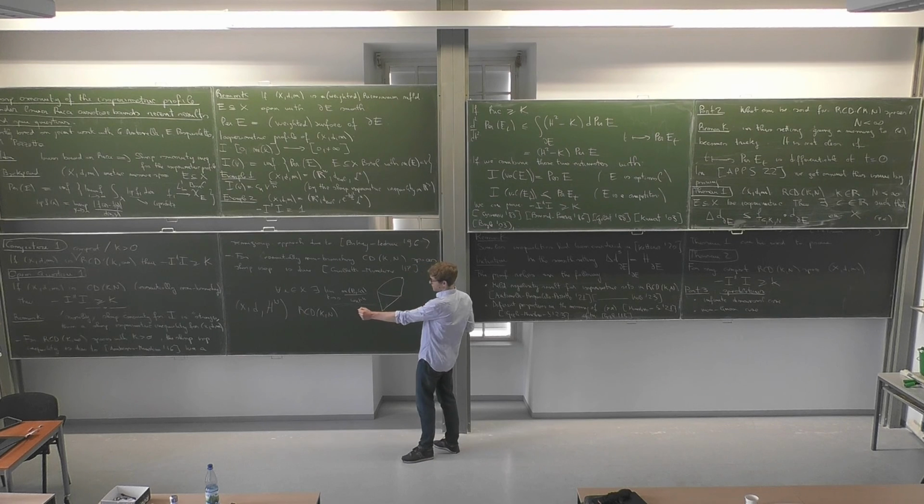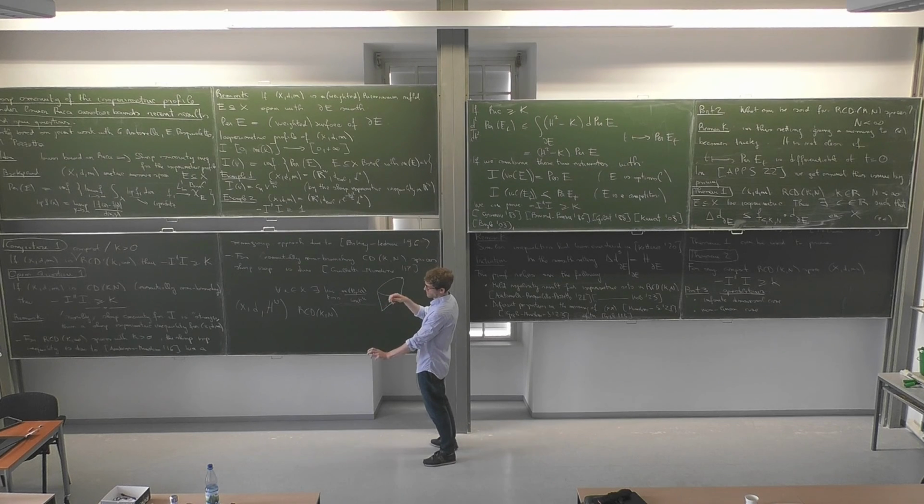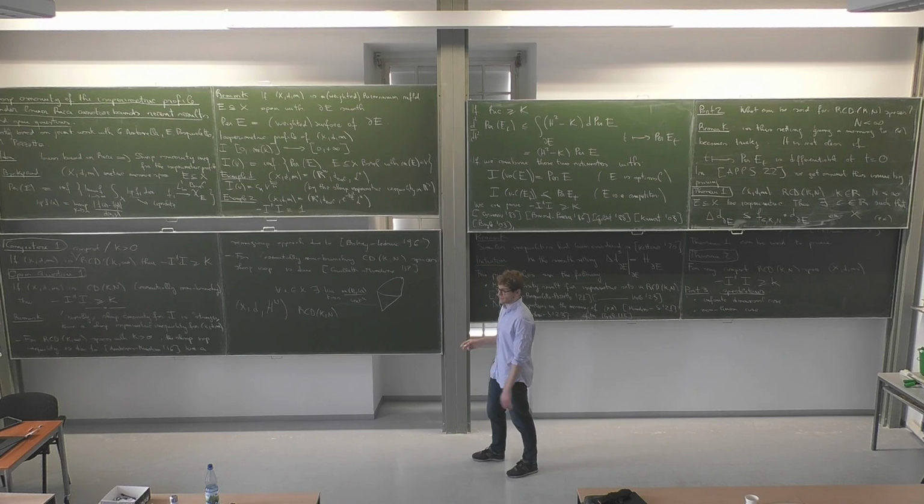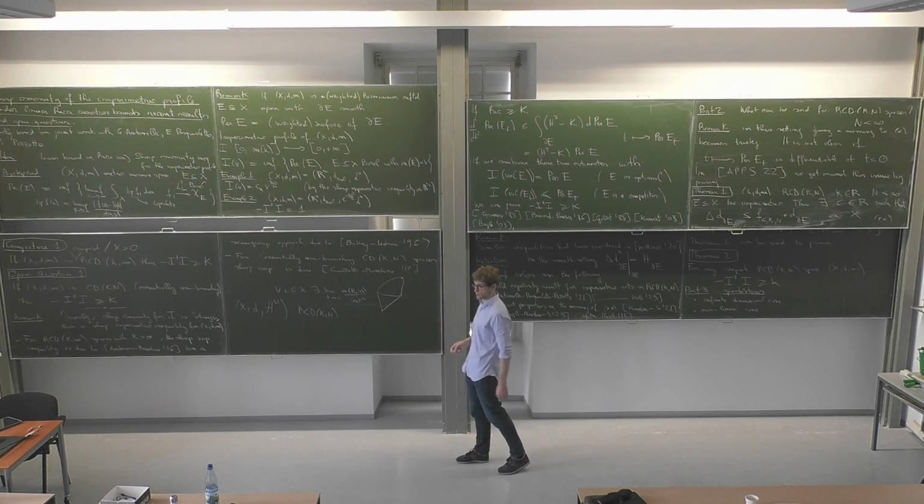When you zoom in, the space blows up to a cone, and the isoperimetric set converges to a ball around the cone point. So the asymptotics for small volumes are very precise.